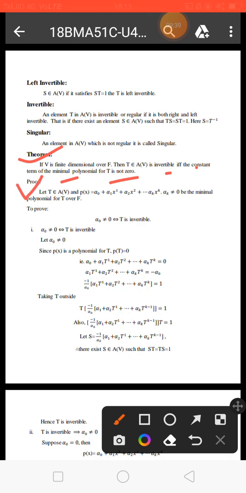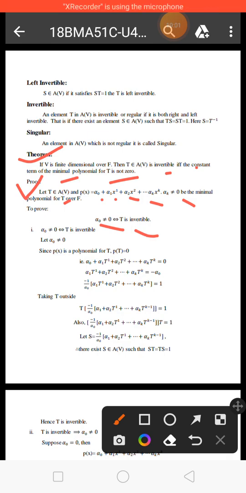Proof: let T belong to A(V) and p(x) equals alpha_0 plus alpha_1 x plus alpha_2 x squared plus up to alpha_k x^k be the minimal polynomial for T over F. To prove alpha_0 not equal to 0 if and only if T is invertible.